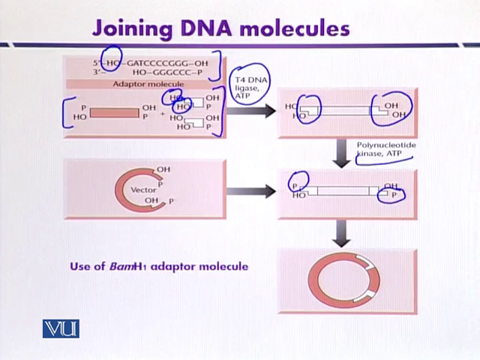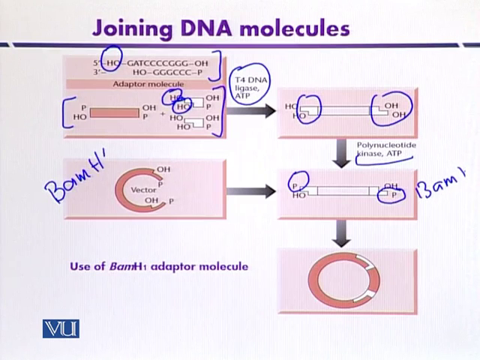So this is an adapter molecule. Suppose it contains this cohesive end that is similar to that created with the digestion with BIO732. So the vector molecule can also be treated with BIO732 so that the source DNA and the plasmid DNA have the same sticky ends. Then they are mixed together and ligated in vitro so that we can get a recombinant molecule.